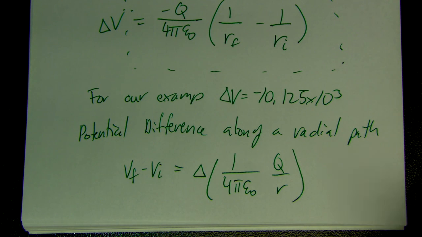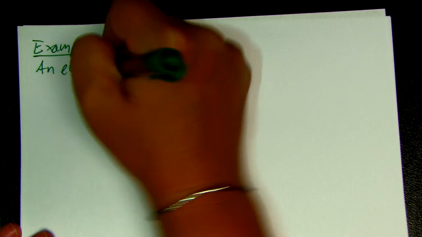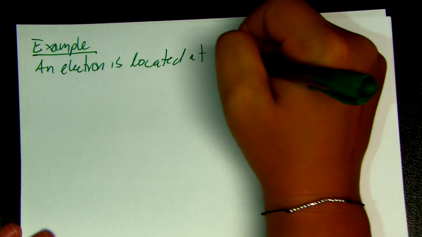All right, so let us do an example. We have an electron located at the origin.